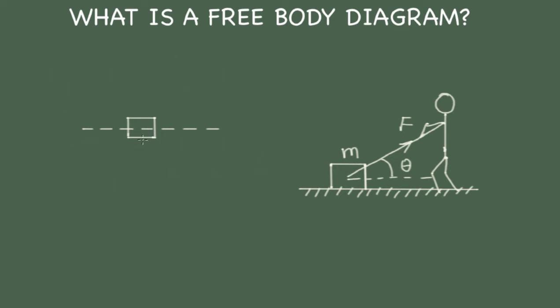Now we'll go through all the forces that are acting upon this block. First of all, there is a force F which is applied by this person in this direction, theta from the horizontal. Naturally, there is a force of gravity in the downward direction.